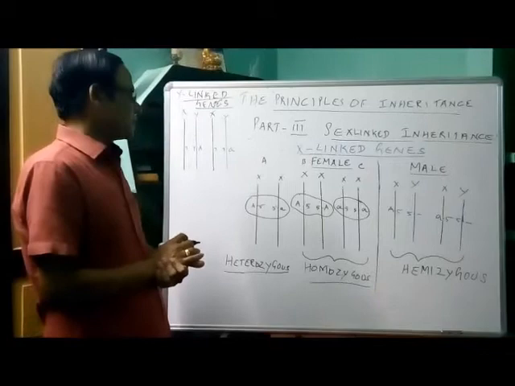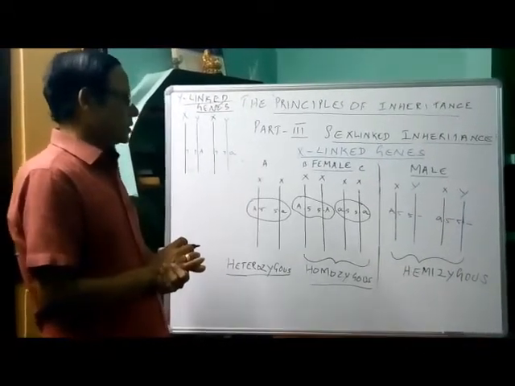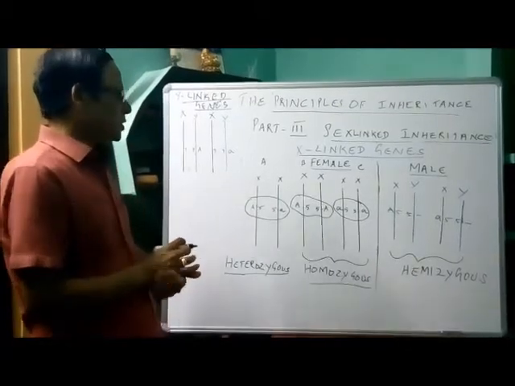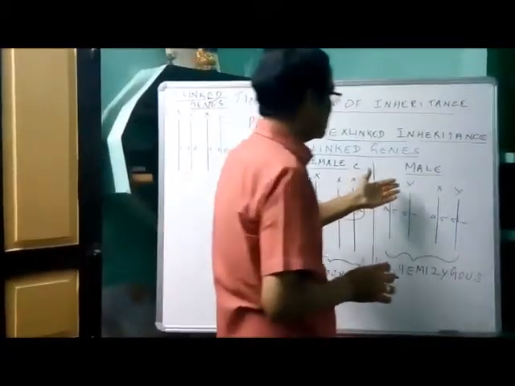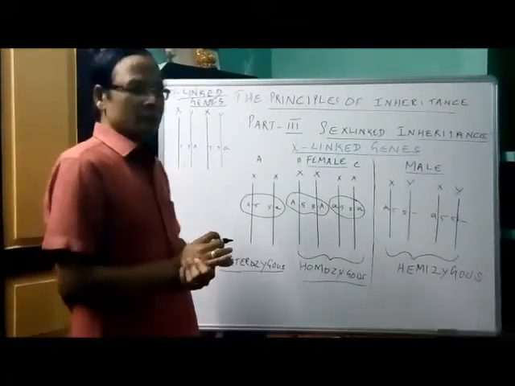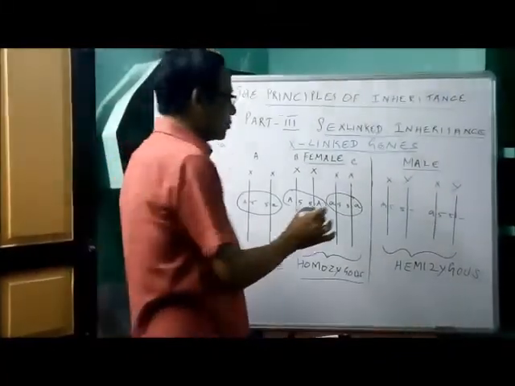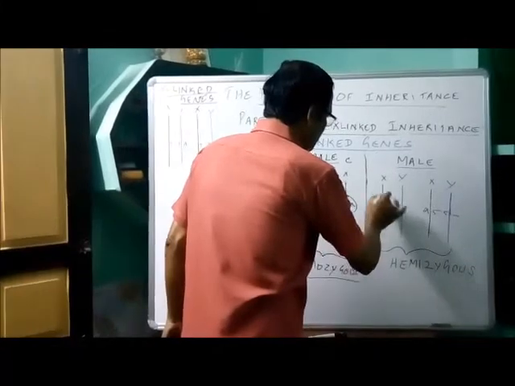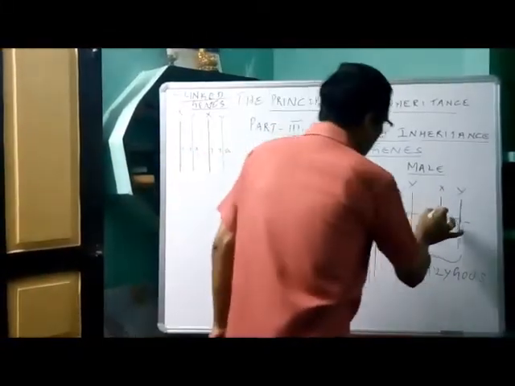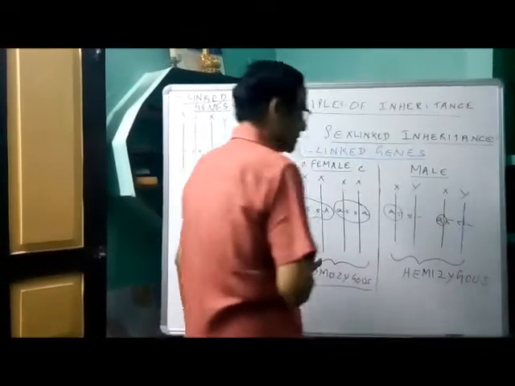Now if we are taking the Y-linked genes, they are present only in the Y chromosome. And before that, what is the nature of X-linked genes in the case of male? Now the males have only one X chromosome, so they have only one gene for that trait. For example, here I represent a dominant allele or a recessive allele located at the fifth locus.